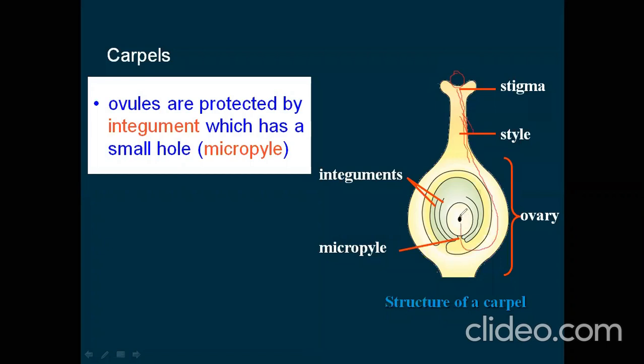In this ovule, the ova is there. So the haploid nucleus and the ova will fuse here in the ovule, right? And the pollen tube enters the ovule through the micropyle, through this small hole. Okay.